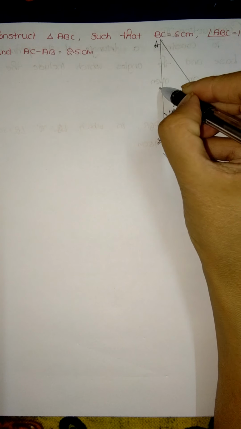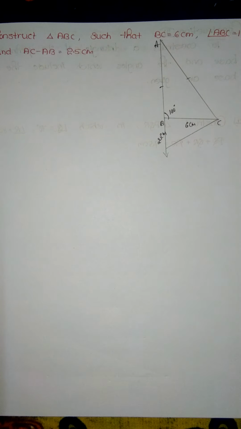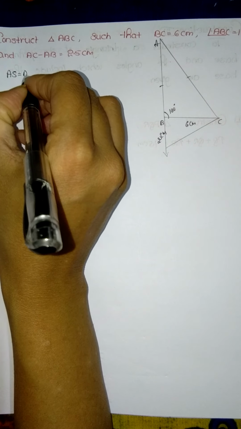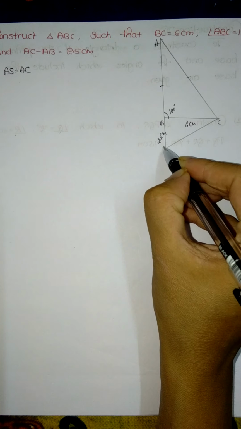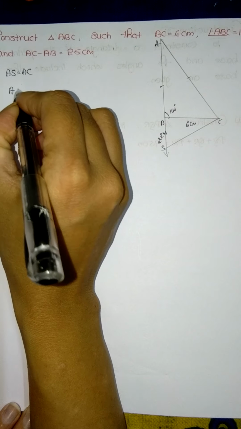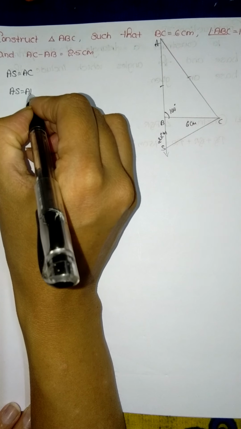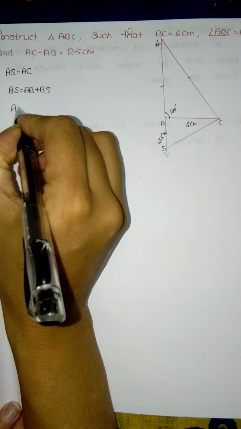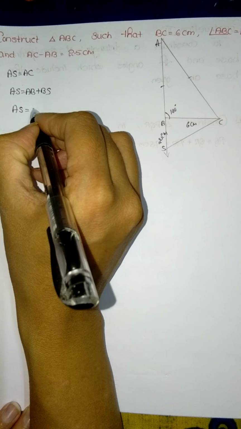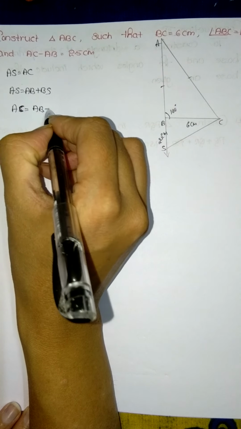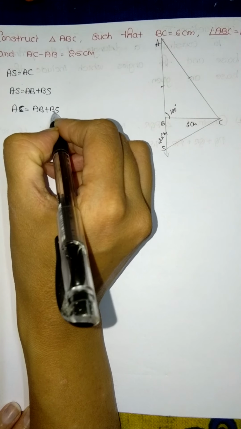So here these two sides are equal. Okay, so here consider AS equal to AC. Now AS equal to AB plus BS. So AC equal to AB plus BS.